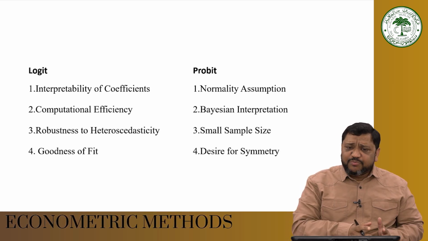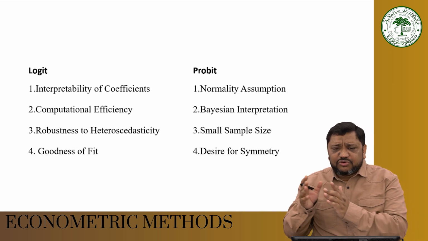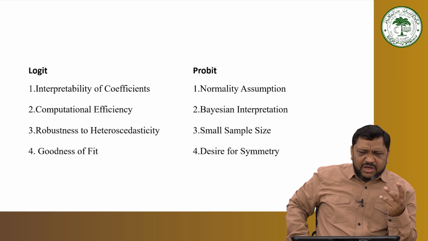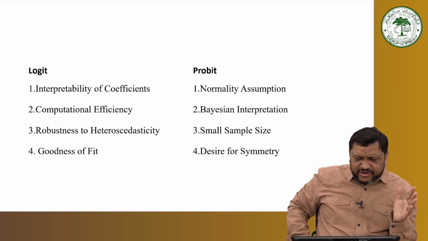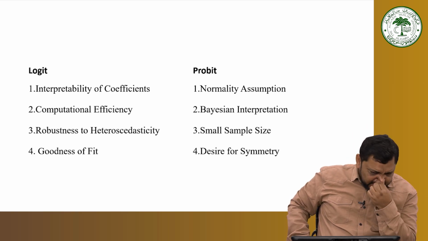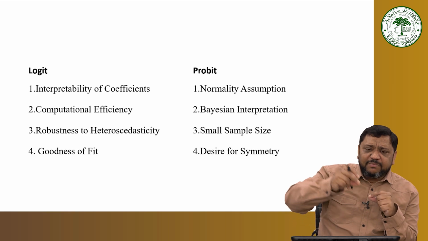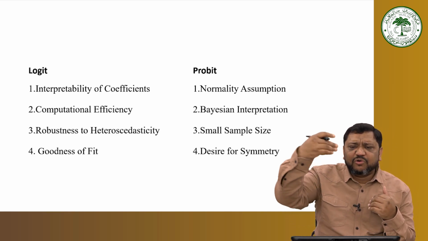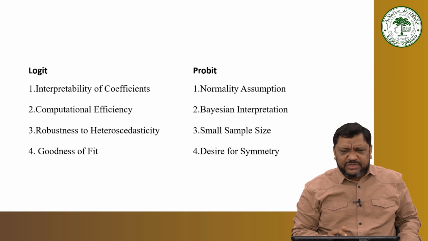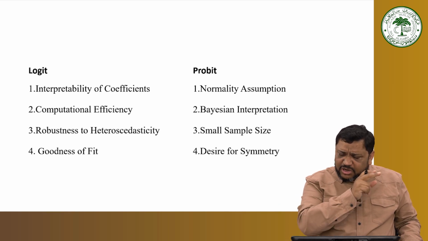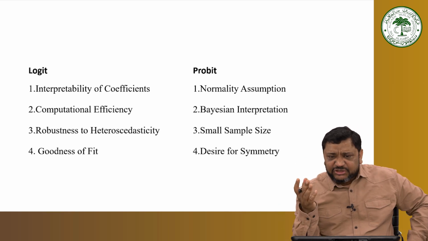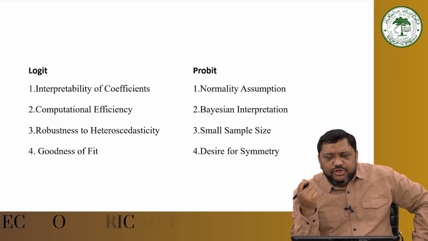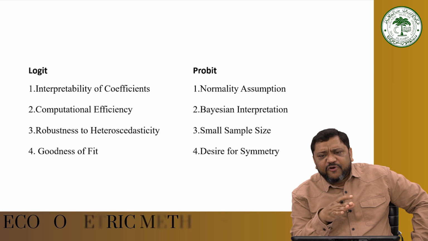To treat these models, we cannot use normal OLS, because apart from the problems of heteroscedasticity and normality, the two major issues are that the resultant probability should not go more than 1 or less than 0. And also assuming a linear relationship in many cases like this is nonsensical. So we go for other models.